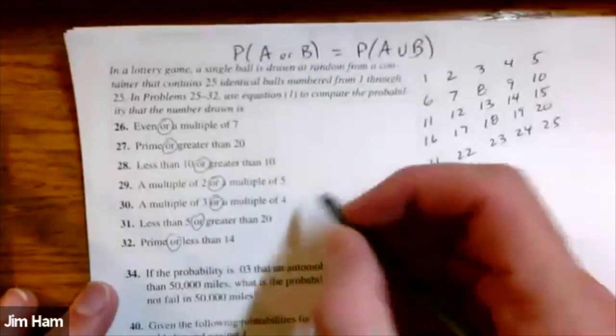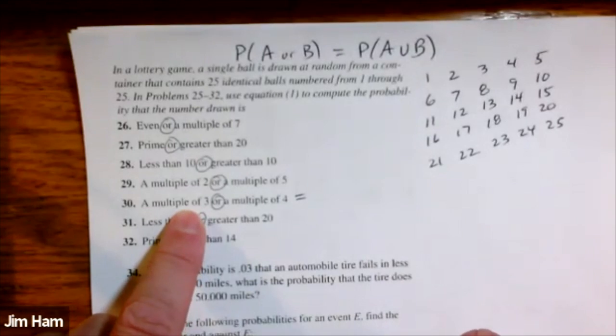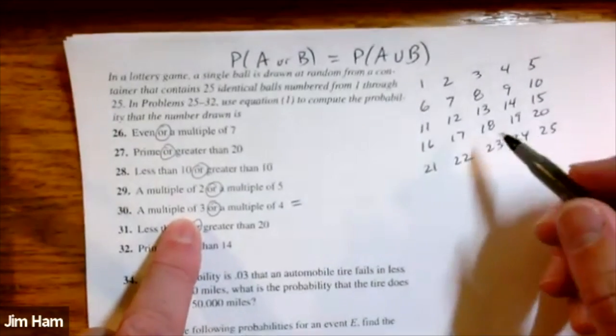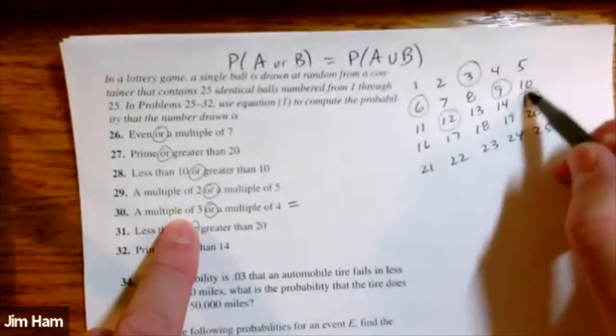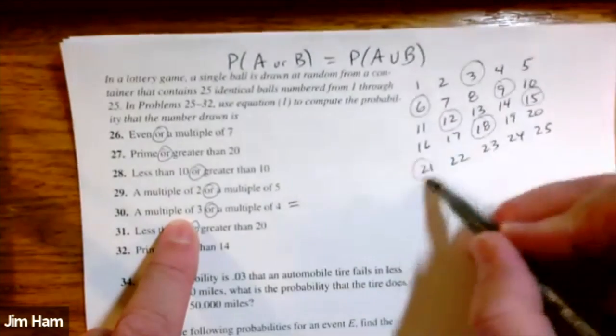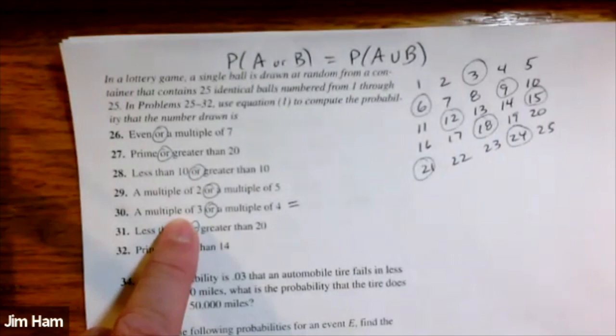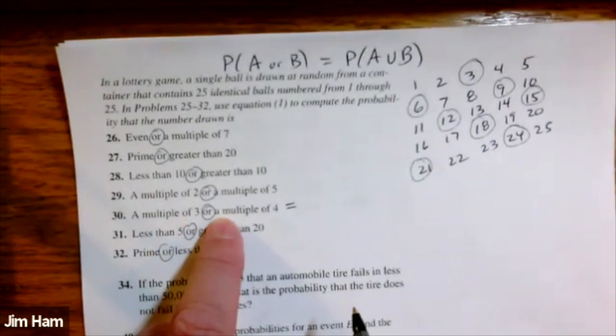So let me just do one of them, like number 30. A multiple of 3. All right, so I'm going to go and select all the multiples of 3. 3, 6, 9, 12, 15, 18, 21, 24. Those are the multiples of 3, or the multiples of 4.